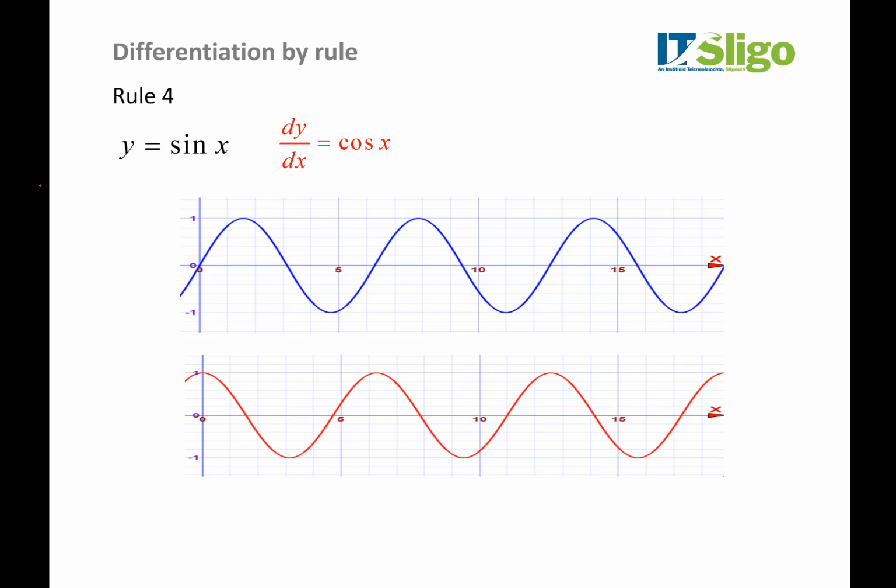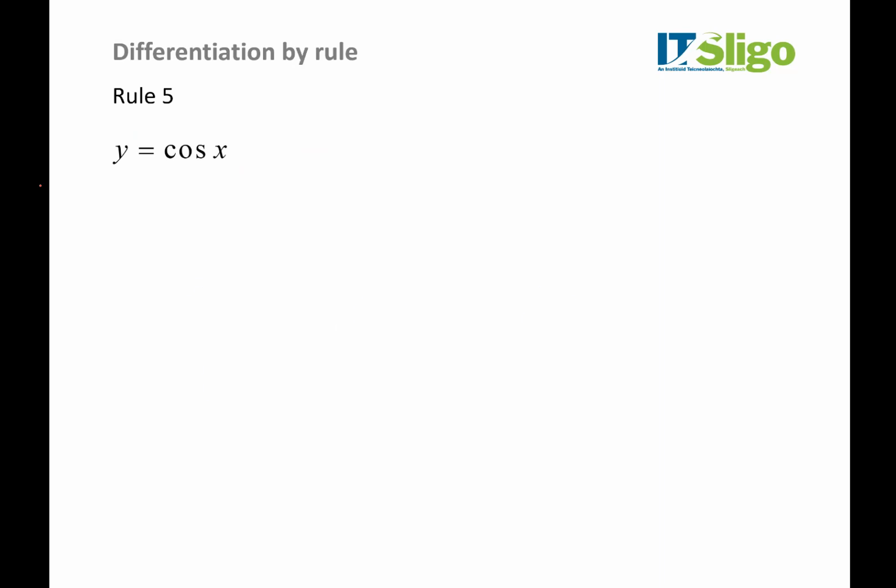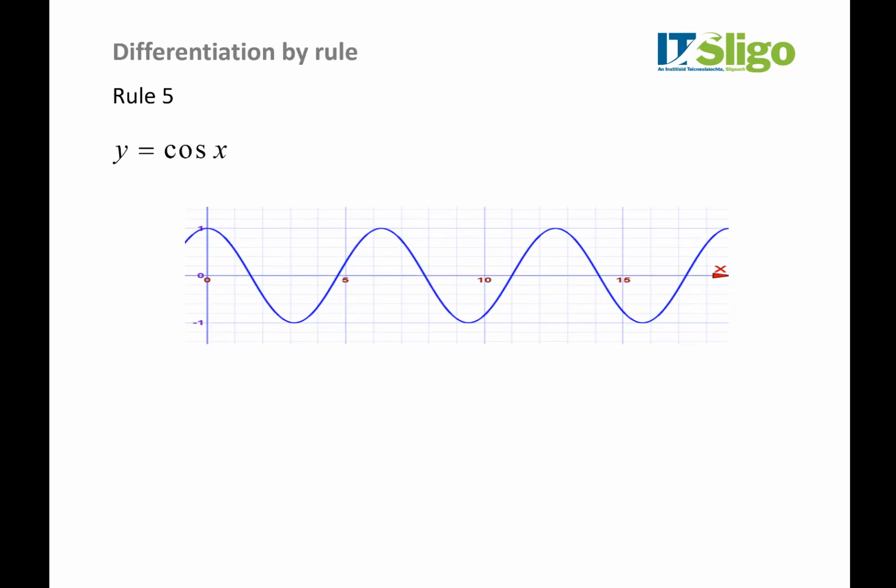And rule 5 then, we look at the cosine curve, again with the same logic. I'll quickly try and sketch it in. Here the slope is 0 when x is 0. So remember, horizontal line, all of these points here are going to have a slope of 0.